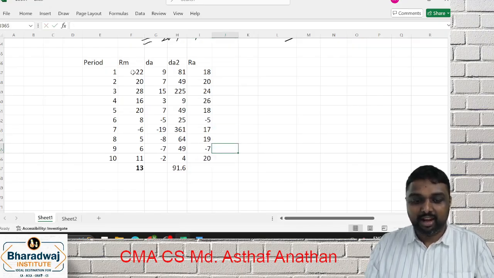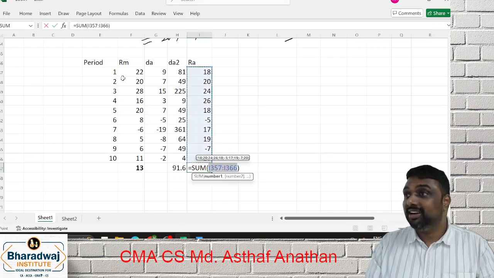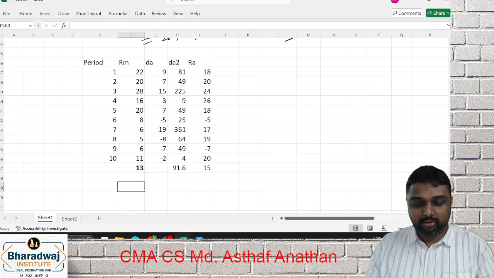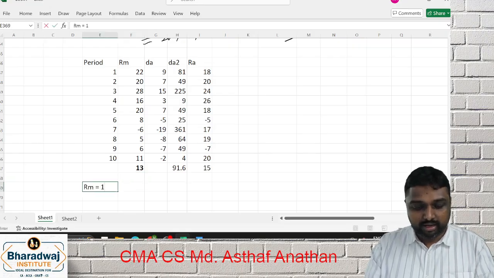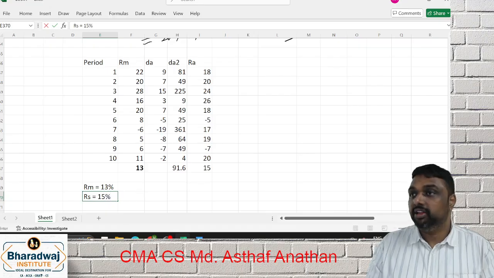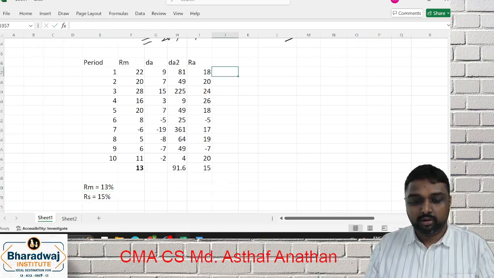The same thing. Here also, your return will be the sum total divided by 10. So the return of the market is 13%. The return of the stock is 15%.